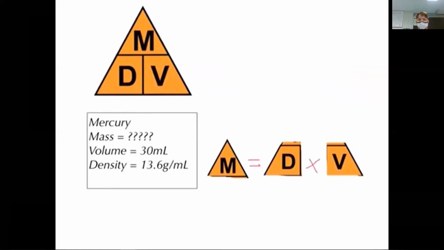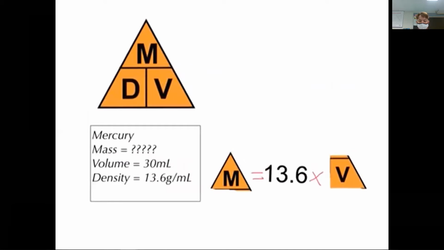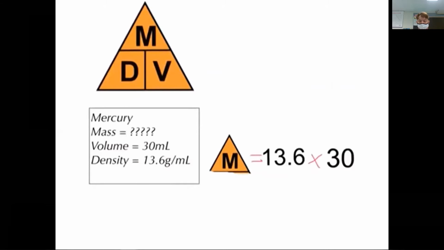So mass equals density times volume. Because we know the density, 13.6, we can put that in for D. And we know the volume, 30, so we can put that in for V. So when you multiply 13.6 times 30, you get an answer of 408.